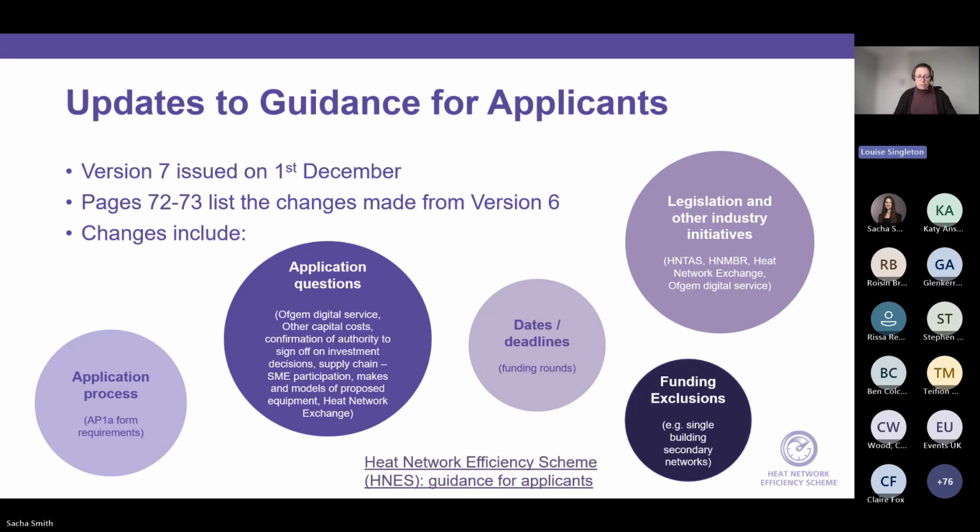So if you are looking just to submit a secondary network only application, it would need to be either multiple buildings or a single building with multiple customers within it.